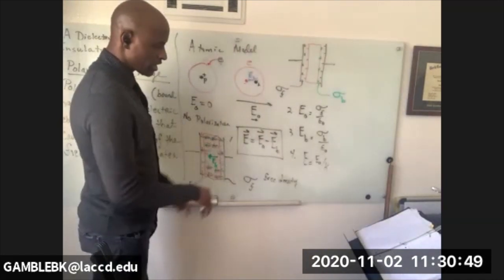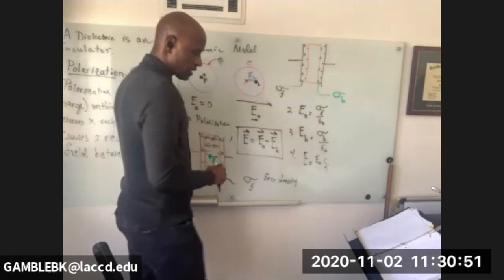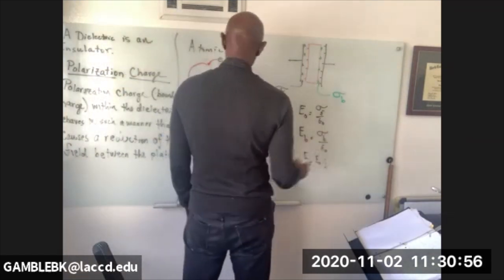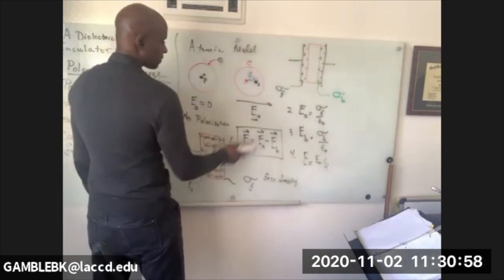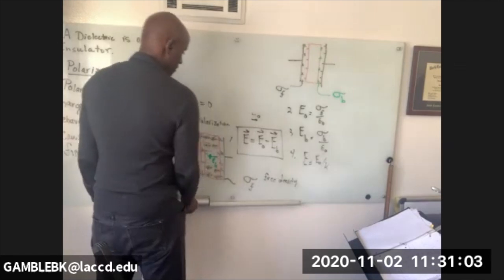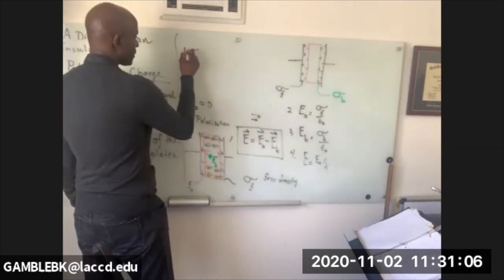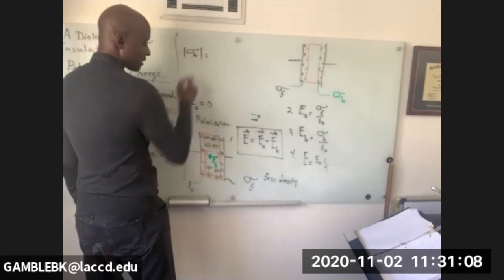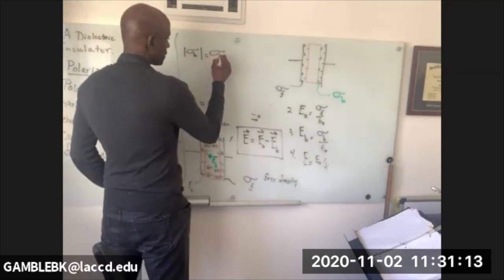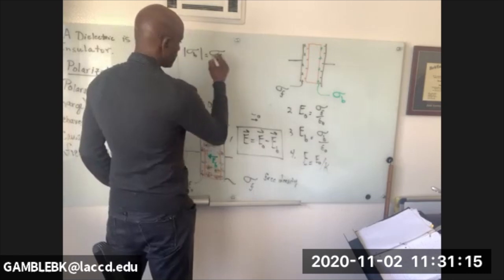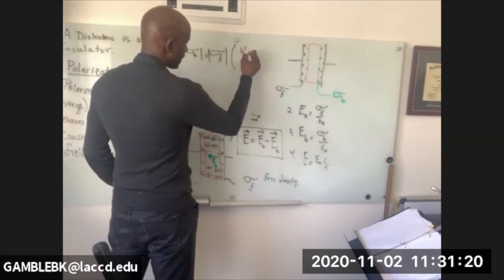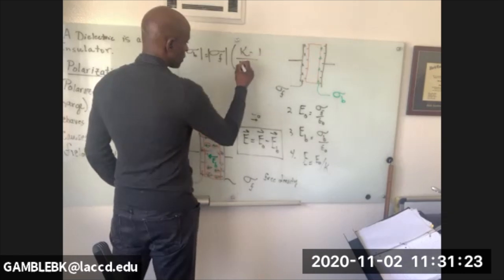You can do some algebra and manipulation, and ultimately you can show that the absolute value of the bound charge density is equal to the magnitude of the free charge density times this quantity, chi minus 1 over chi.